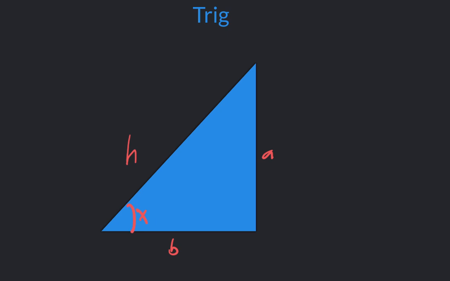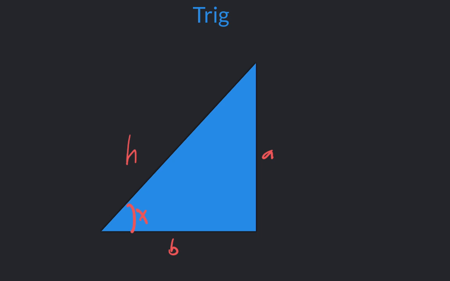In trigonometry, we look at right triangles, and I explained in the previous video that these trig functions are dynamic, they change.